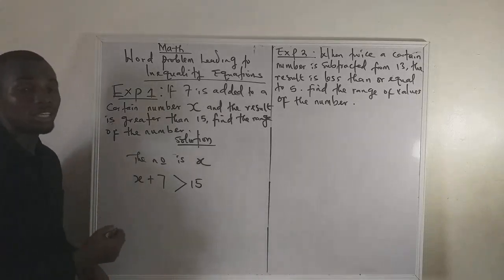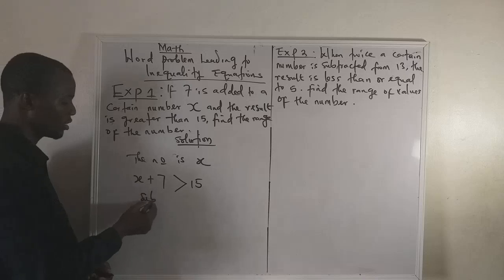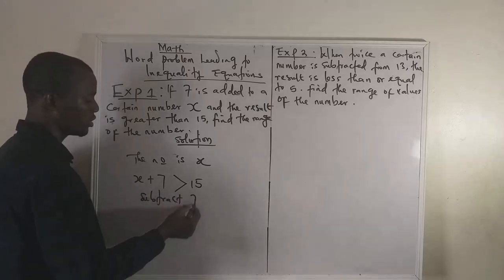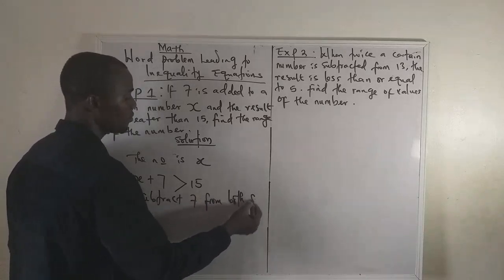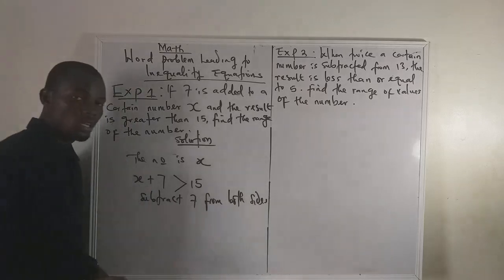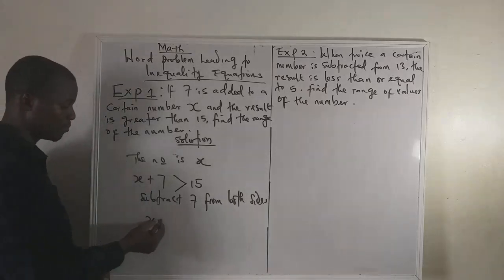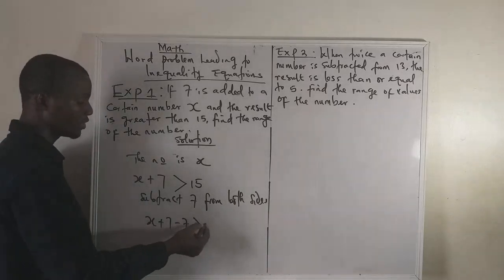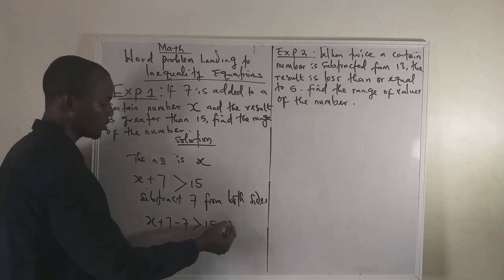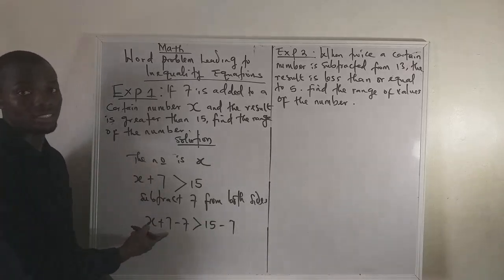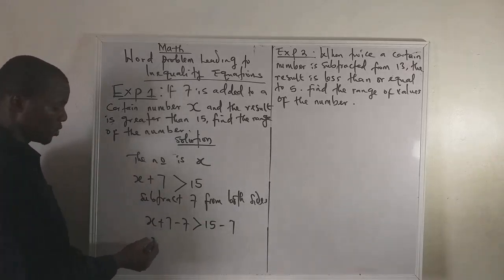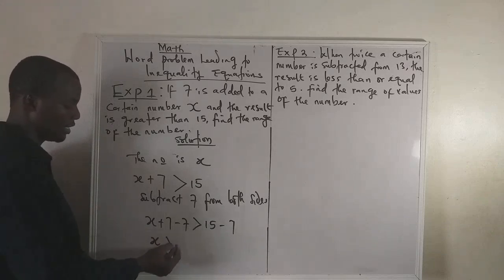Here we subtract 7 from both sides. So we have x plus 7 minus 7 greater than 15 minus 7. The goal is to eliminate 7 on the left hand side. So we have x greater than 8.